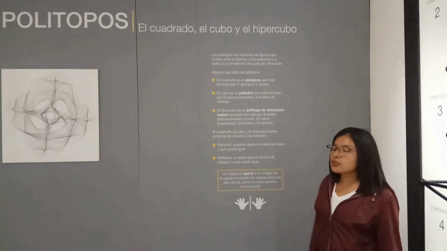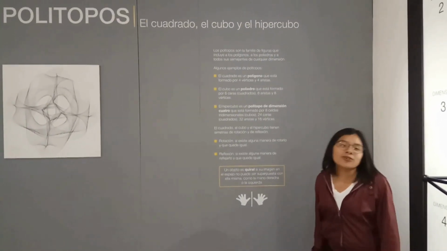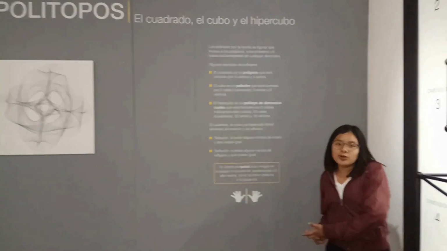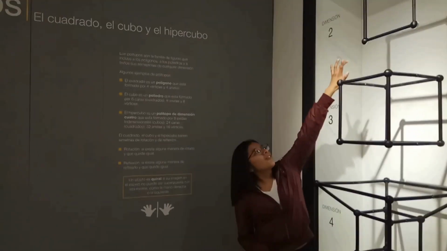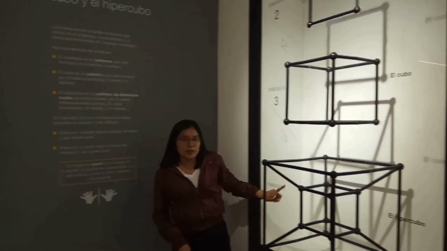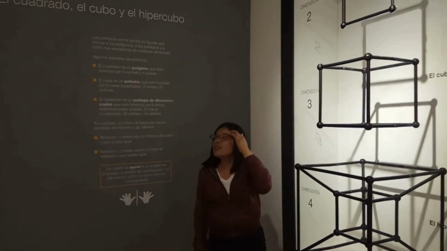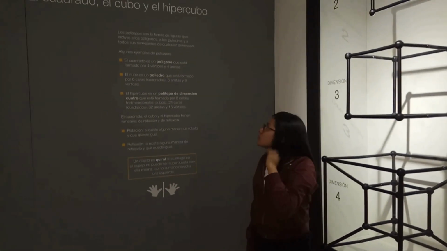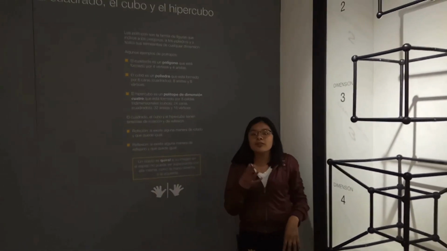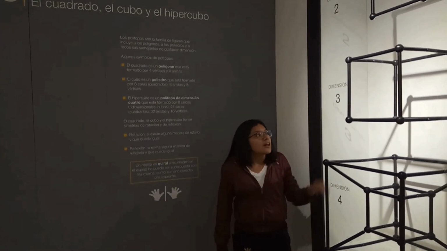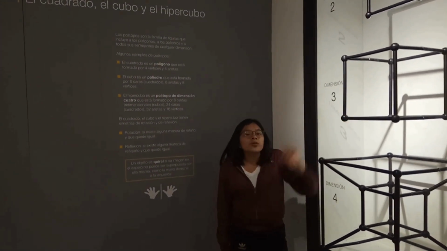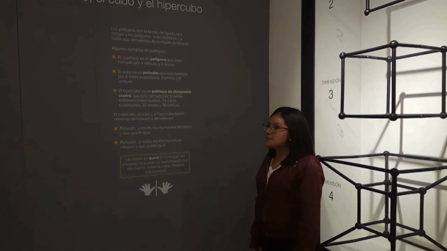The topes: the square, the cube, and the hypercube. They are the family of figures that includes polygons, polyhedra, and all their peers. Some examples are: the square is a polygon that is formed by 4 vertices and 4 edges.